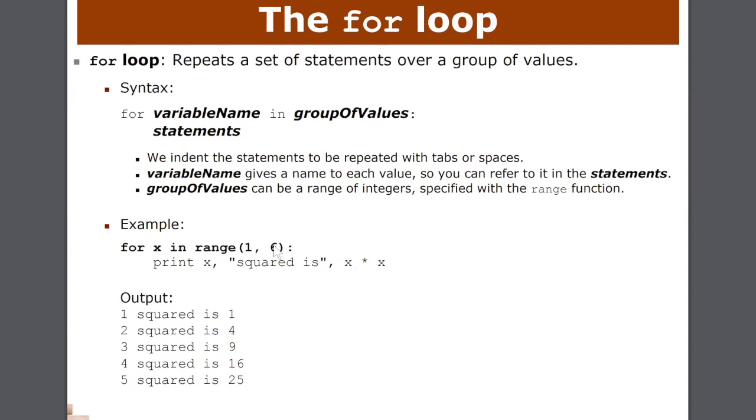And then so on until it reaches, so the right bound is what we call exclusive. So it will never actually, it'll run until the number before 6, so 5. So 1, 2, 3, 4, 5. And then it will break once x hits 6. So you can see here it only prints out x from 1 to 5, and then their square numbers.